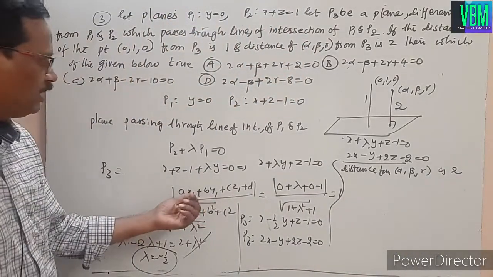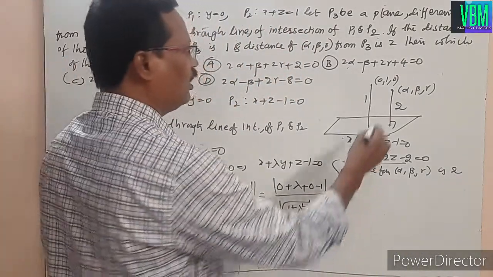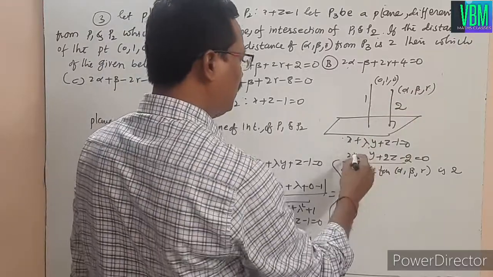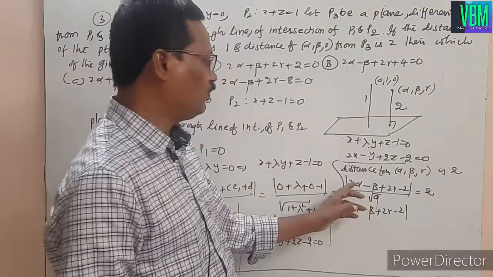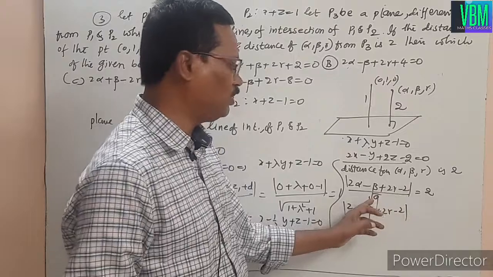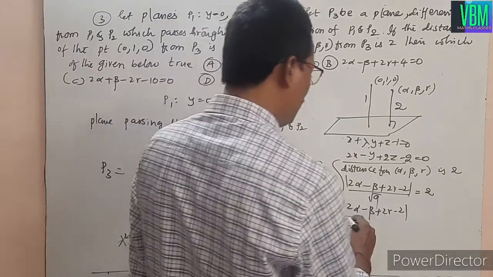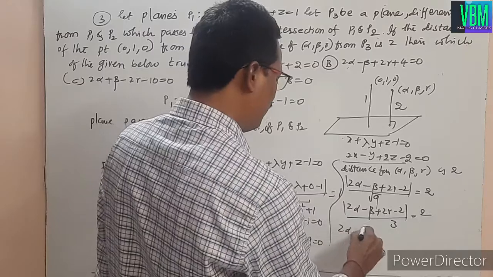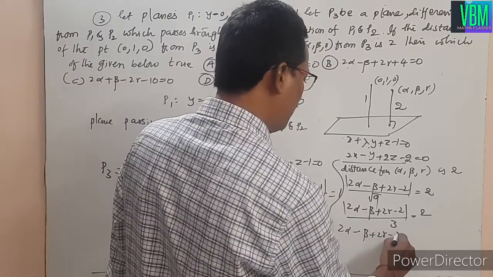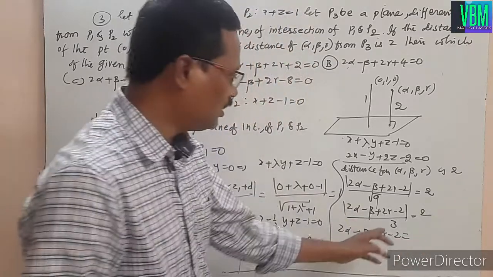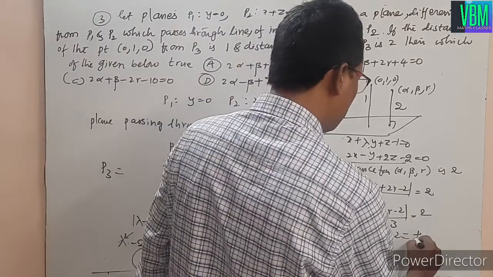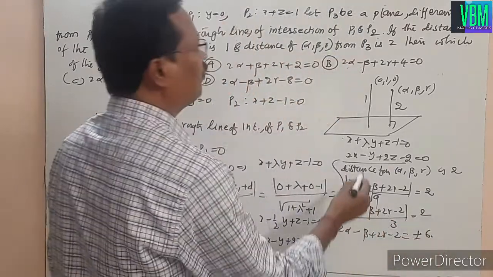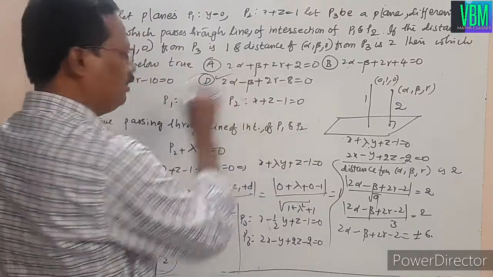Right, the same distance formula applies. This is x1, y1, z1, putting in the plane. Modulus of 2 alpha minus beta plus 2 gamma minus 2 by root 9, that is 3, is equal to 2. Therefore 2 alpha minus beta plus 2 gamma minus 2, if you leave the modulus, write plus or minus 6. Therefore take the plus 6, we get this option.